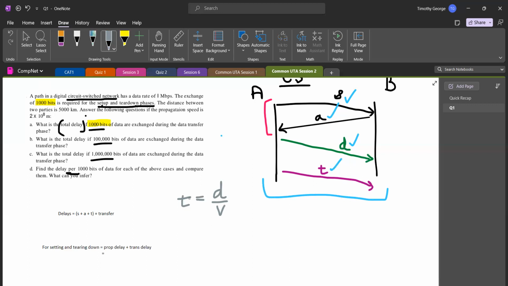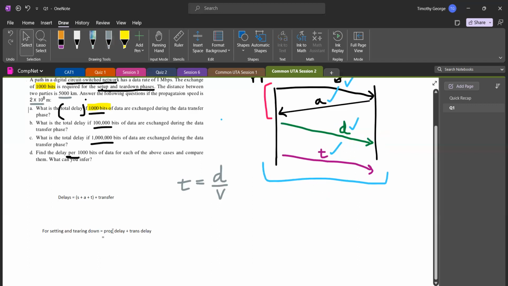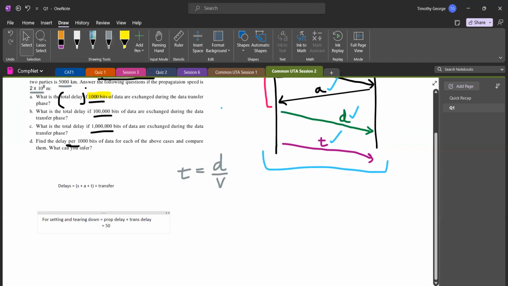So when you have 5,000 and a speed, you know how to calculate the delay that it will incur. You have 5,000 times 10 raised to how much? 3, because it's kilometers, divided by the speed given here, 2 x 10 raised to 8.